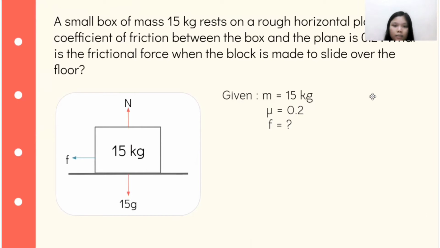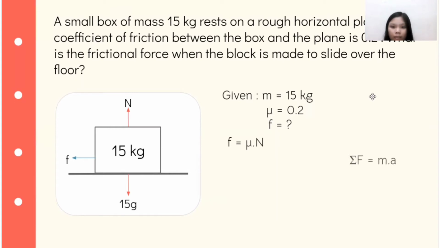And the weight is always 90 degrees from the surface, or always pushes down. Next, we need to write the formula first. F equals mu times N.